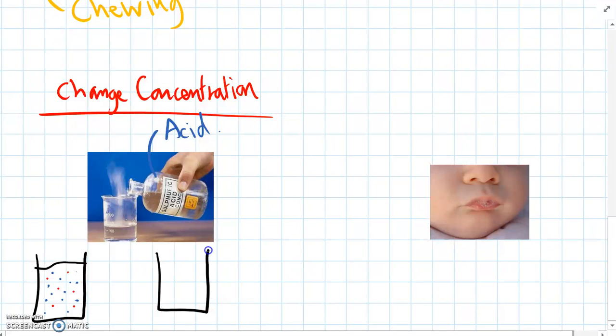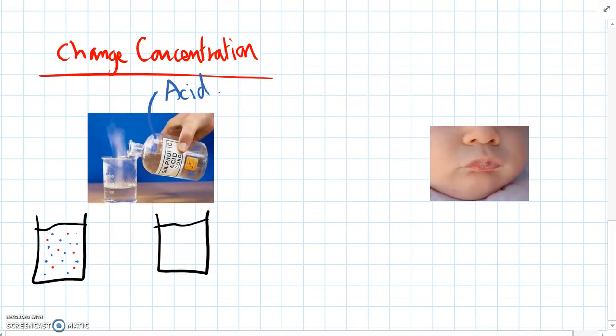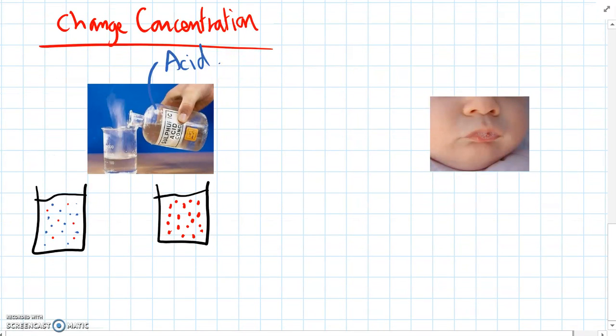But if we have another beaker that's got highly concentrated acid, then we have lots and lots of acid particles in there. And if there's more acid particles, that means there's more chance that they'll bump into another particle and react with it. So higher concentration causes a faster reaction as well.